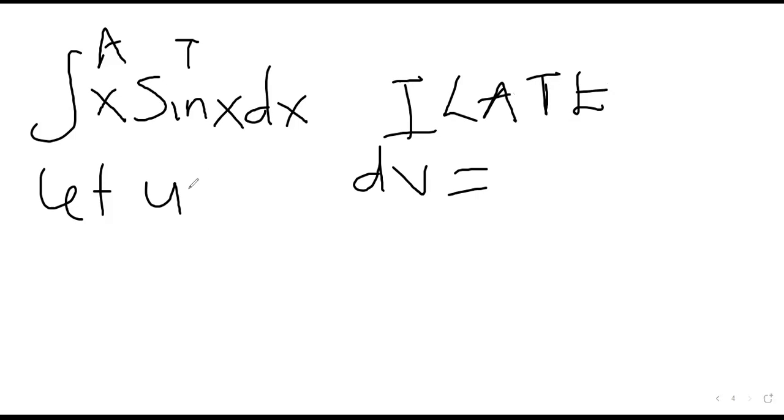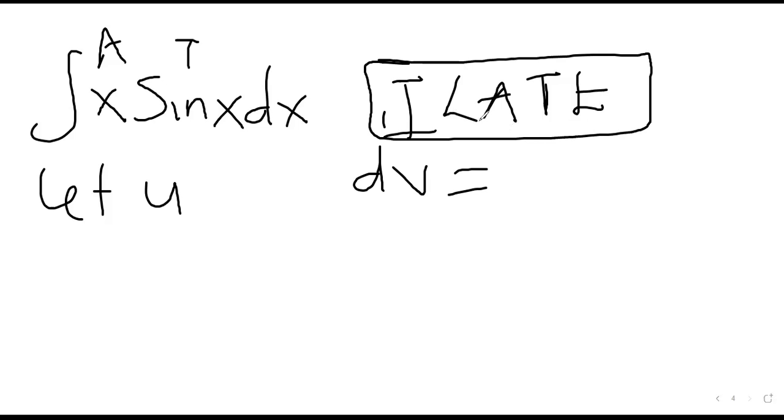So in this case, we have two parts, algebra and trig. In this order, algebra comes before trig, meaning that you let u be equal to the algebra part.